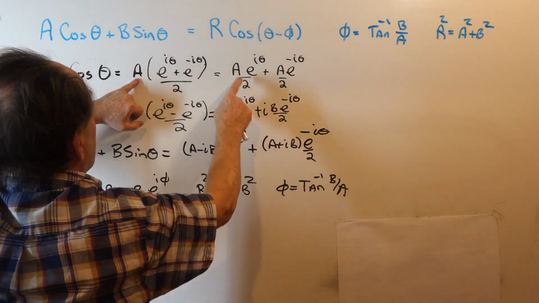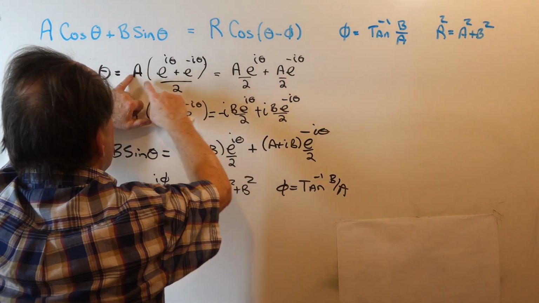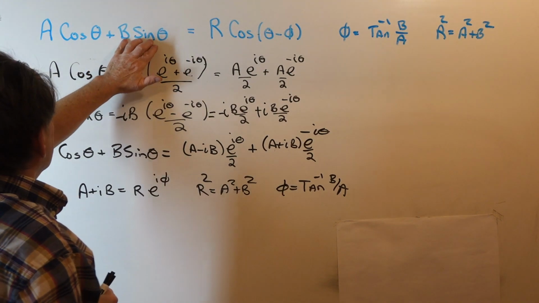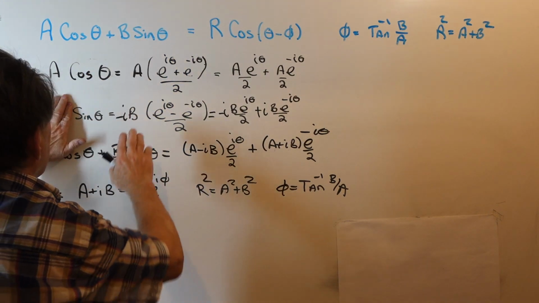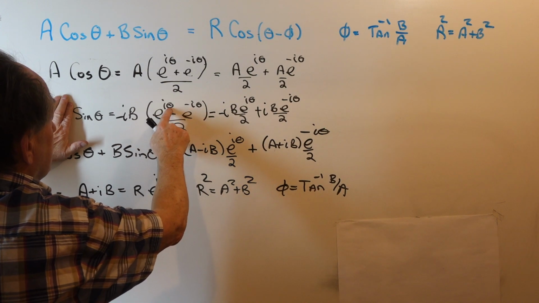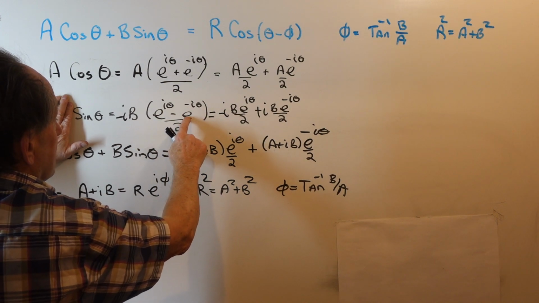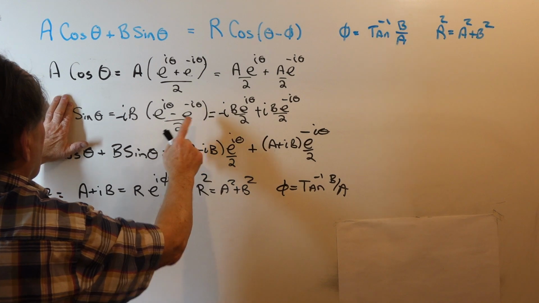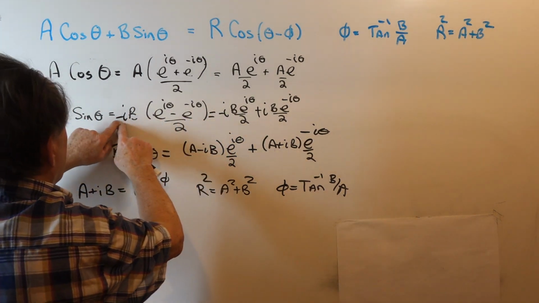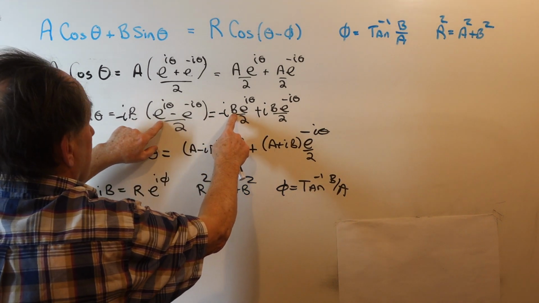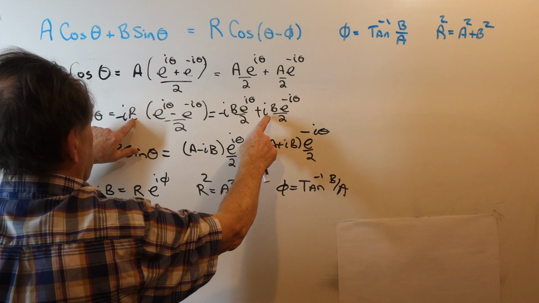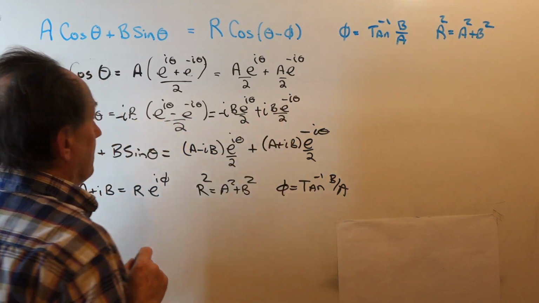So we have a over 2 e to the i theta plus a over 2 e to the minus i theta. Same for sine. The sine is minus i times the quantity e to the i theta minus e to the minus i theta all over 2. And we multiply by b. So expanding this out, we have minus ib e to the i theta over 2 plus ib e to the minus i theta over 2.